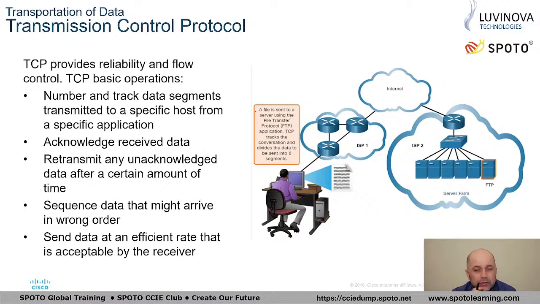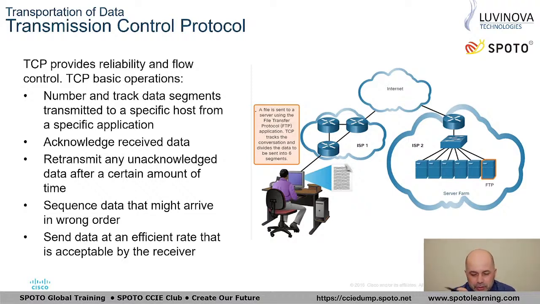It's very important to see that this is the major difference between those two protocols, and each of them is used in a different way and by different services. The major function of TCP is to provide reliability and flow control.